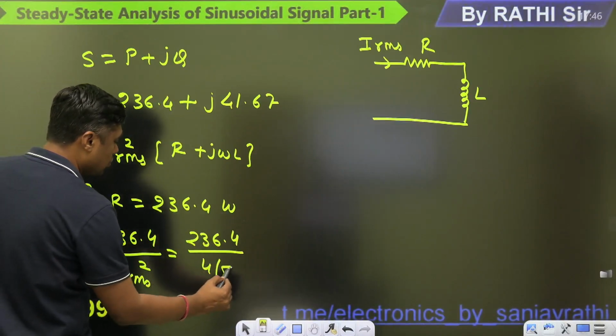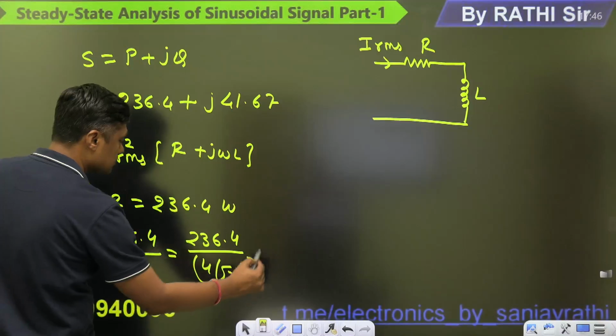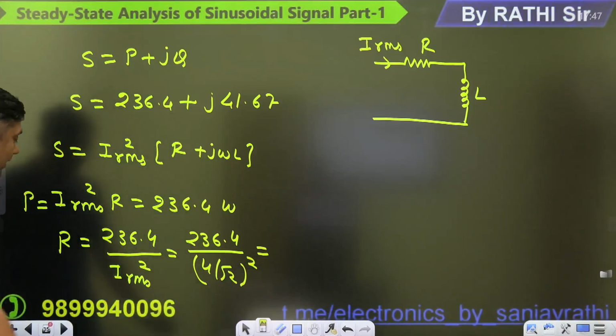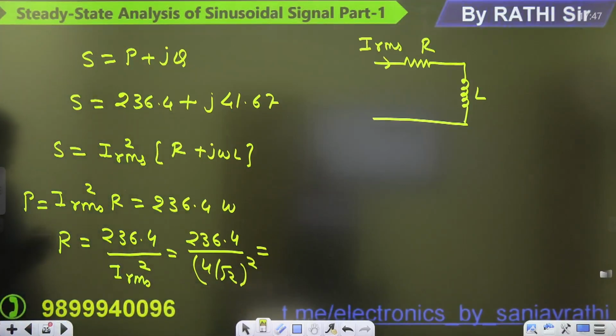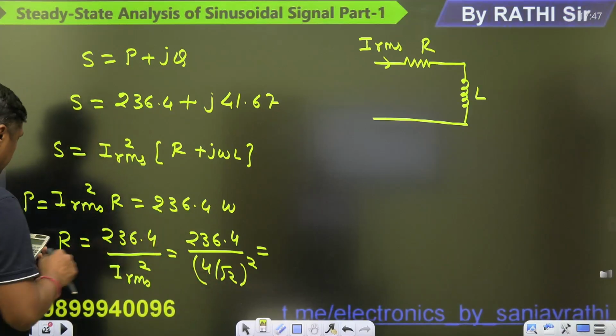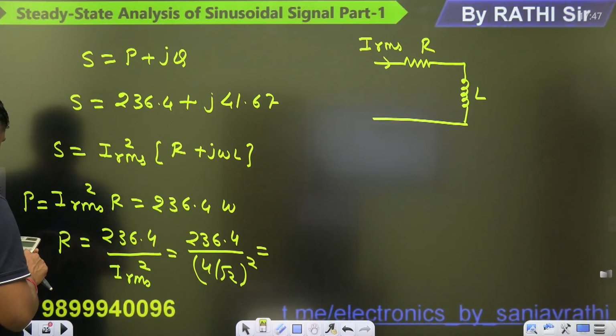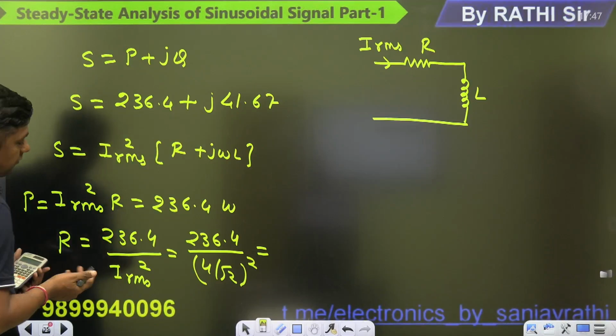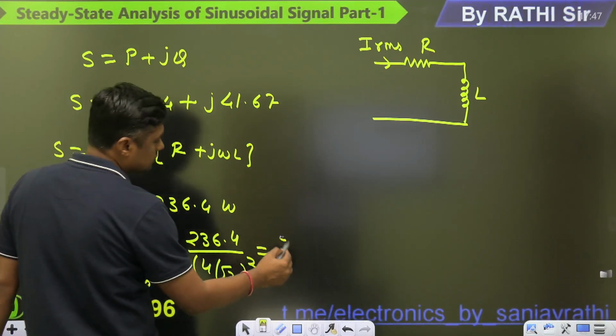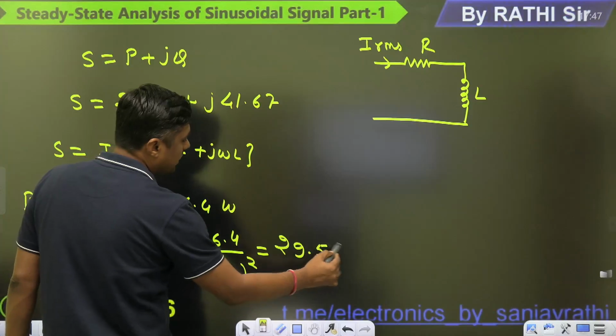So this becomes 16 by 2, which means 8. The resistor comes to 29.55, around 30 ohm. Check my calculation.